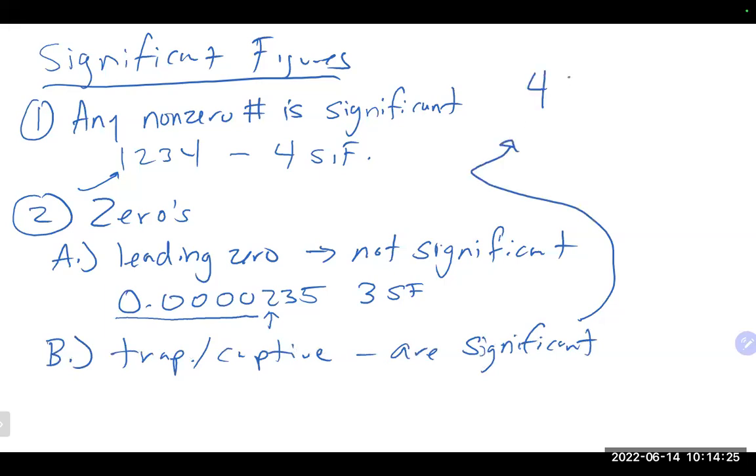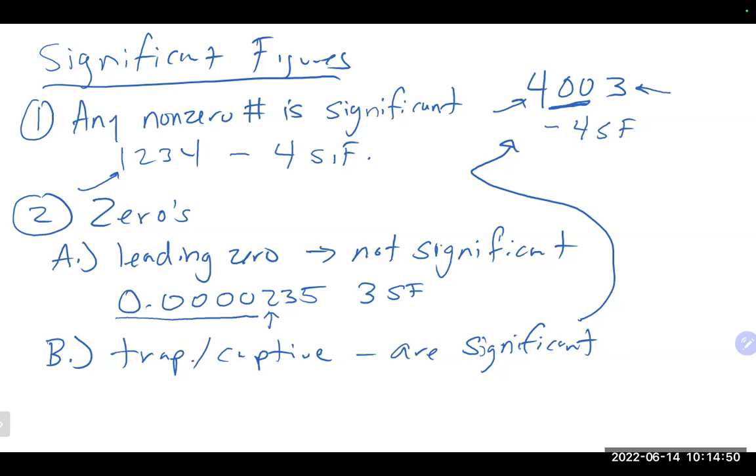So if we had something like 4003, this guy would have 4 significant figures. We would start counting right there. The 2 zeros in the middle are significant, and our guy at the end there obviously is a non-zero, so that would be significant as well. So it would have 4 significant figures. Questions on that one there?